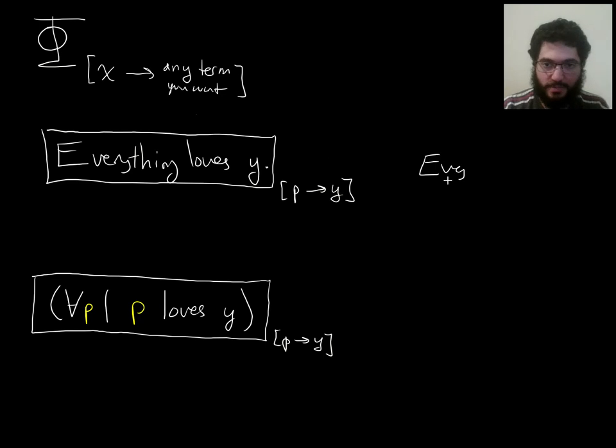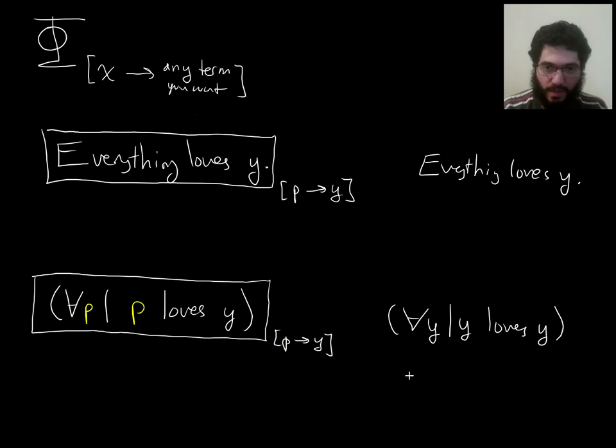Because there's no p's showing up. So it should just stay that way. And this down here should become, well, if I do it mechanically, then I get for all y. So I'm just rewriting the same thing, but replacing all the p's by y. For all y, y loves y. And look, now I'm back at everything loves itself.